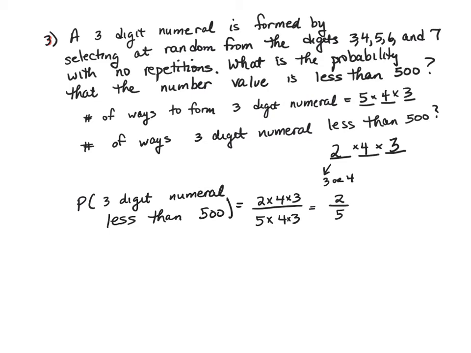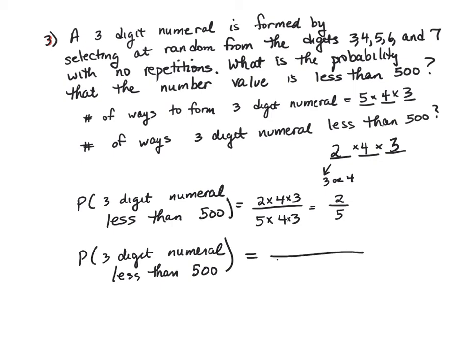but again, we can use permutation if you wish. We could think of it this way. The probability of a 3-digit numeral less than 500, rather than looking at it separately, we could think of it as one experiment so that to make the first digit less than 5, there are 2 ways.